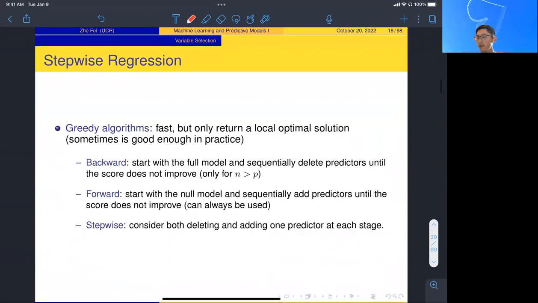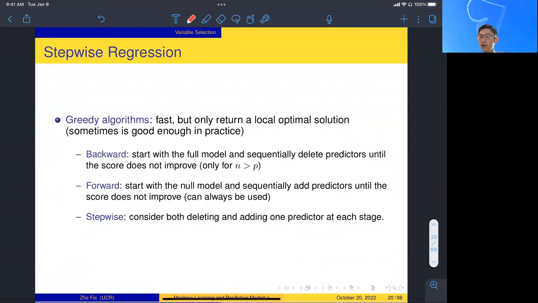So the next technique we want to introduce is also a classic one, so-called stepwise regression. The idea of stepwise regression is essentially a greedy algorithm.